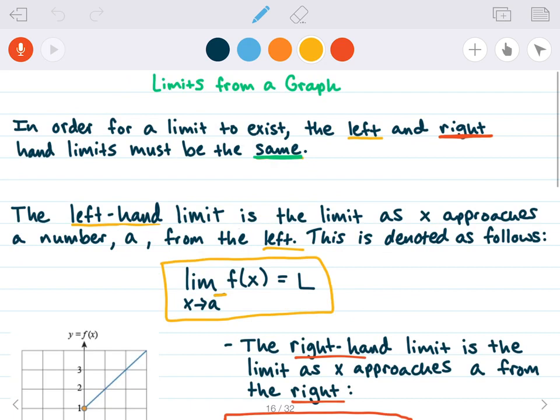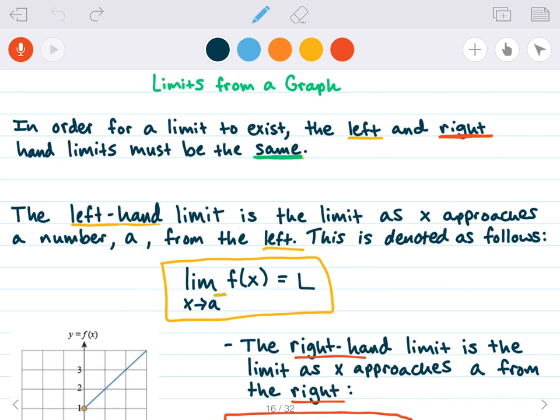So in order for a limit to exist, the left and right limits must be the same. The left-hand limit is just the limit as x approaches a number from the left, and we denote it as follows, right here. And so we have this little minus sign at the top as a superscript when we're coming from the left.